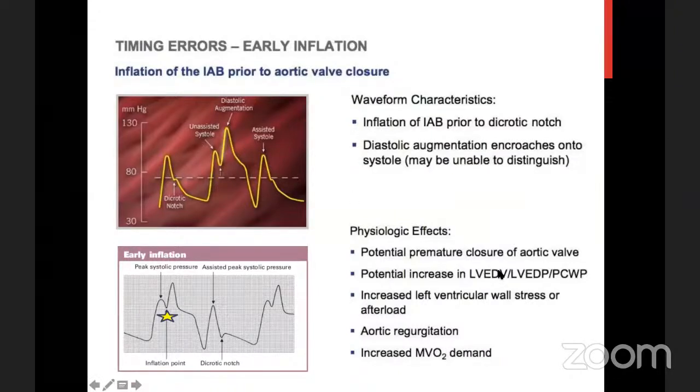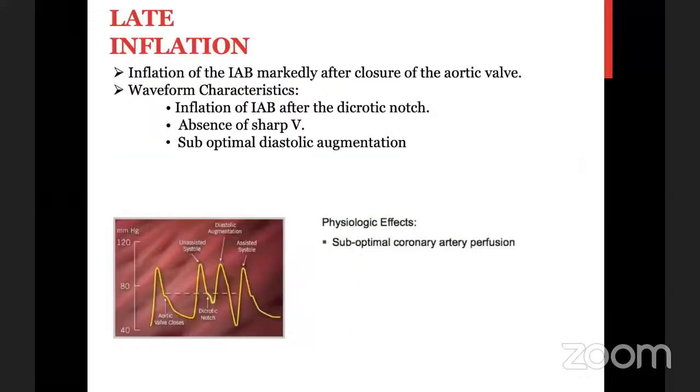Physiological effects: potential premature closure of the aortic valve, increased left ventricular end diastolic volume, end diastolic pressure, and capillary wedge pressure, increased left ventricular wall stress and afterload, increased myocardial oxygen demand, and aortic regurgitation.